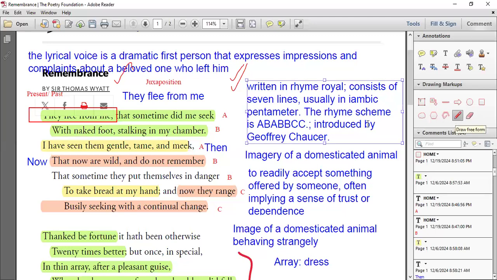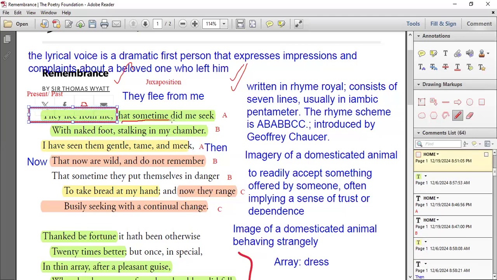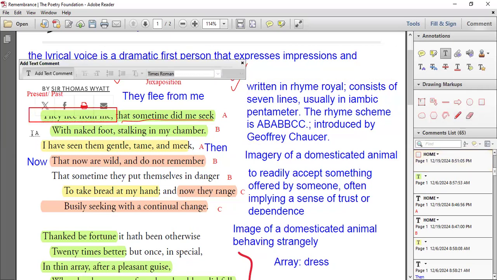But in the past, what did they do to the poet? Here you have all those images, very beautiful images. Sometime in the past, they came seeking me. They came after me. How did they come?